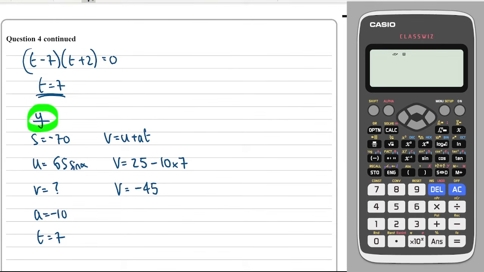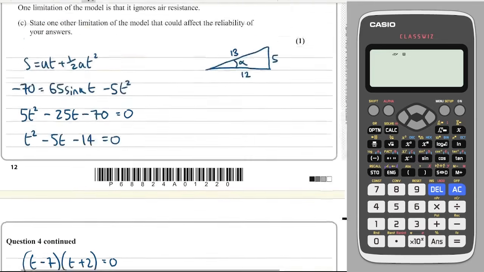Now I also need to work out the velocity in the x direction. Now for the x direction, something we need to remember is that the acceleration in the x direction is always equal to 0, and that means that the speed doesn't change in the x direction. So what is the speed in the x direction?